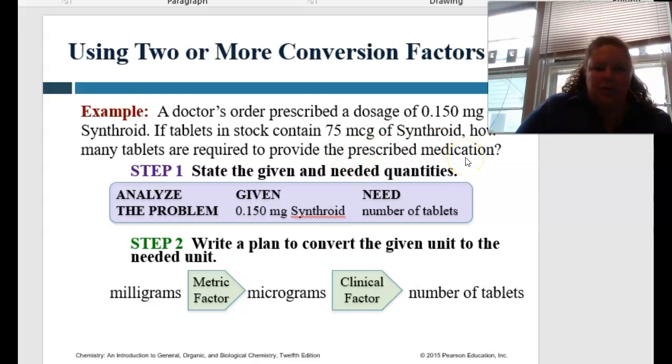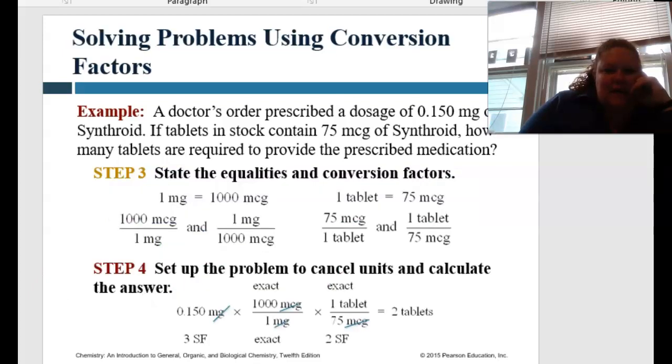Okay, break it down. What are we given? We are given 0.150 milligrams of Synthroid, and we need the number of tablets. So let's write out a plan. We're given milligrams, we need to go to micrograms, and then we need to go to the number of tablets. All right, so let's set it up.